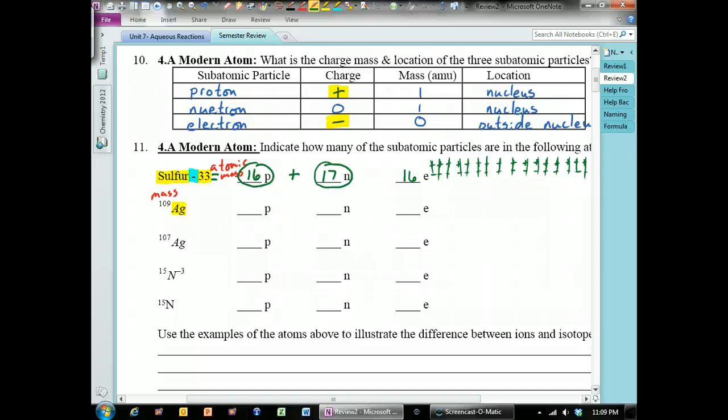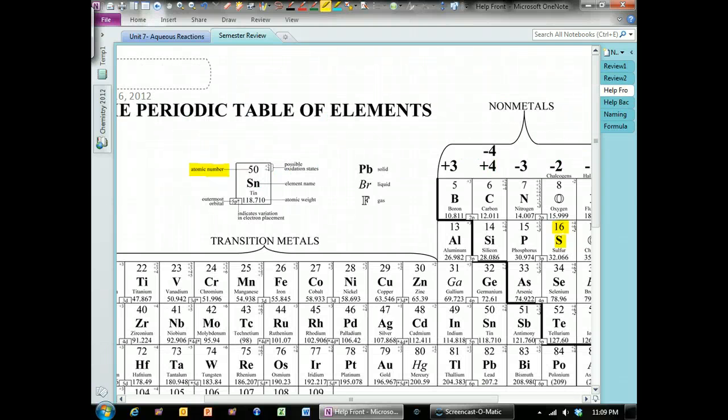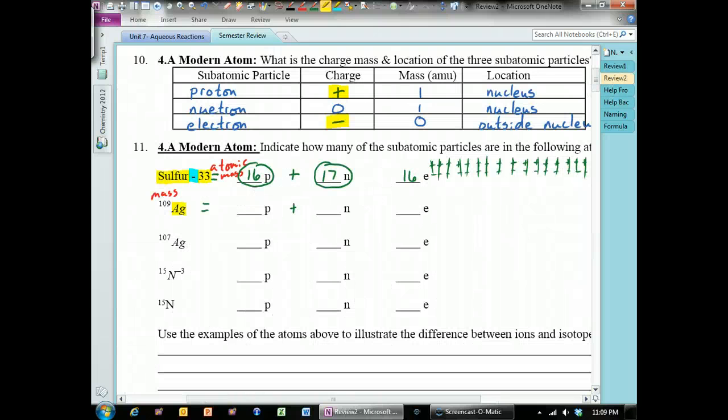Since we know that protons plus neutrons on the second one is going to equal 109, we can go to the periodic table and find silver. Silver has an atomic number of 47. 47 is the number of protons. And in this case, we don't see any number in the upper right hand corner. That's where the charge is usually indicated.